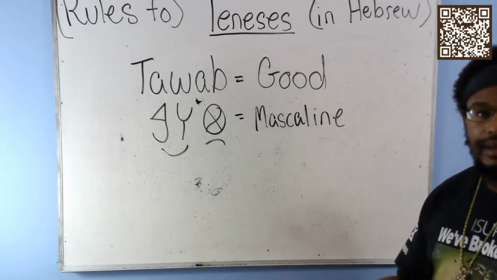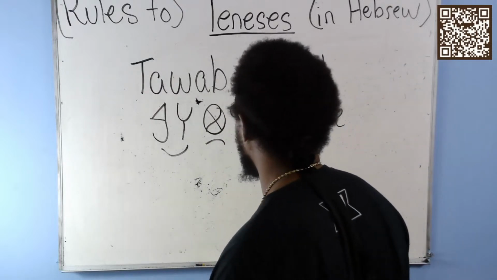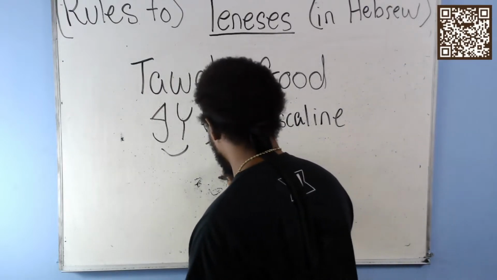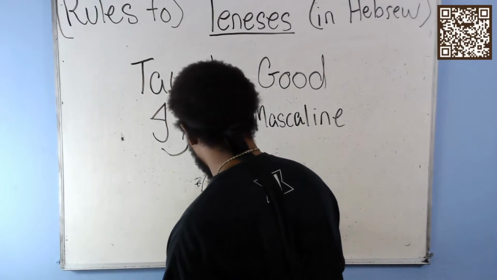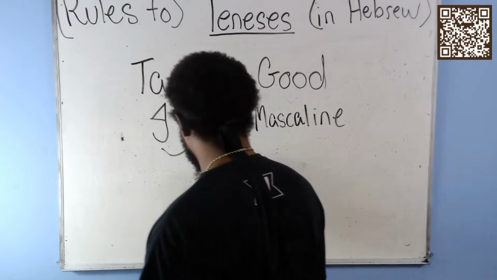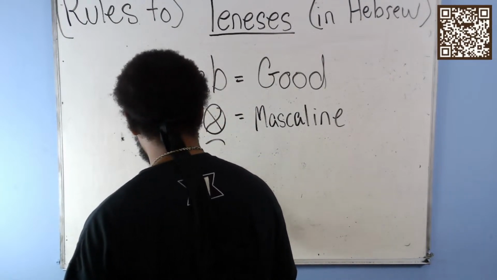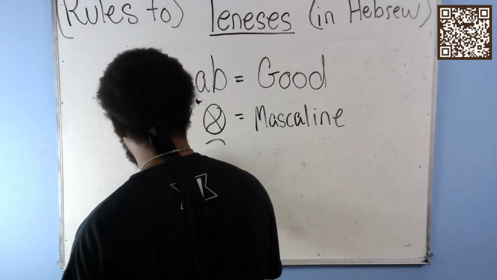So for example, we got tawab meaning good. Now we'll do ta, wa, ba.